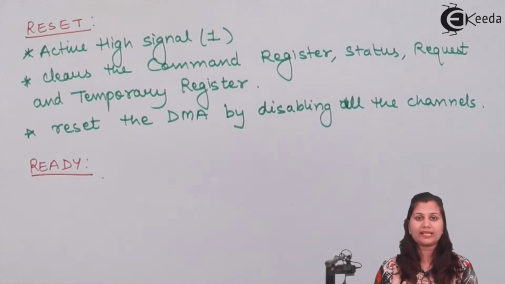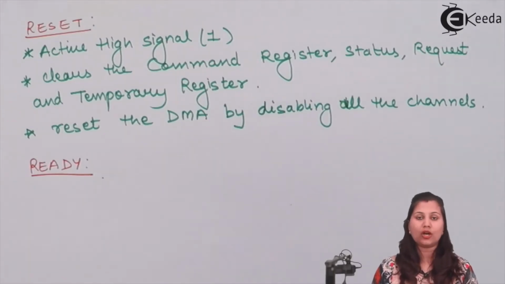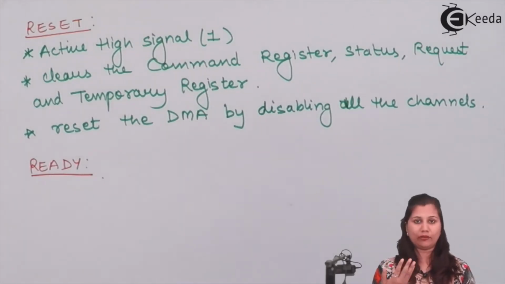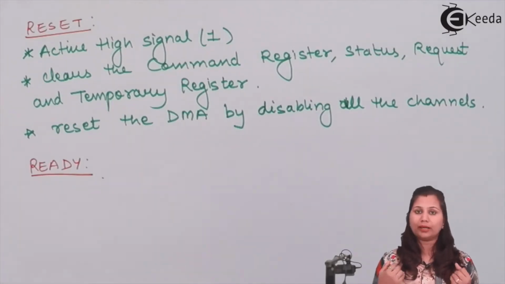To synchronize the devices and the microprocessor so that they can easily communicate with each other, the ready signal is used. When the microprocessor communicates with any peripheral device, it sends a signal to the peripheral device for the communication.